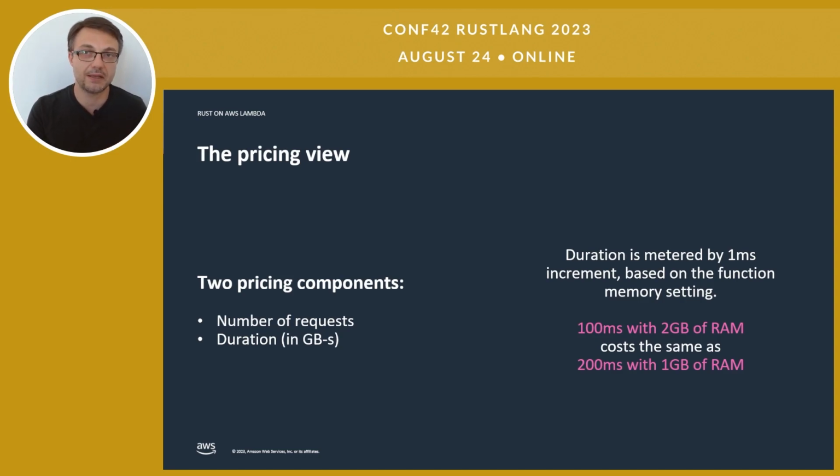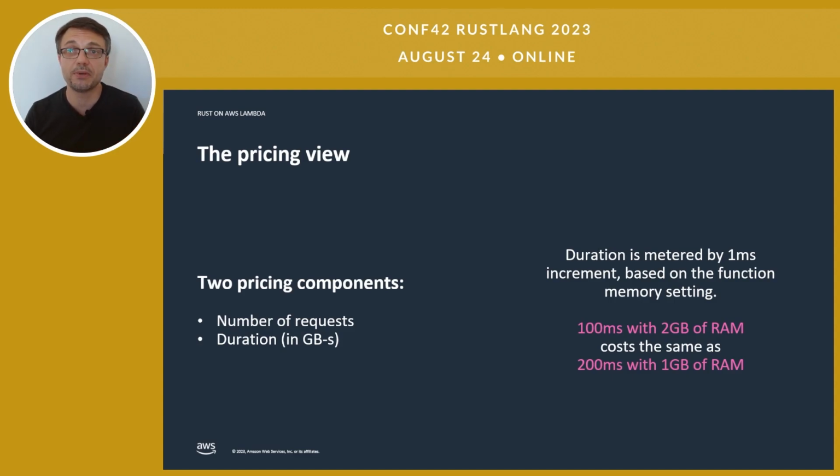So it is essentially the amount of memory you configured for this particular function and the time your function is running. Essentially that means the more memory you assign to a lambda function and the longer this function is running, the more you will pay. But the duration is measured in 1 millisecond, so it is quite granular.